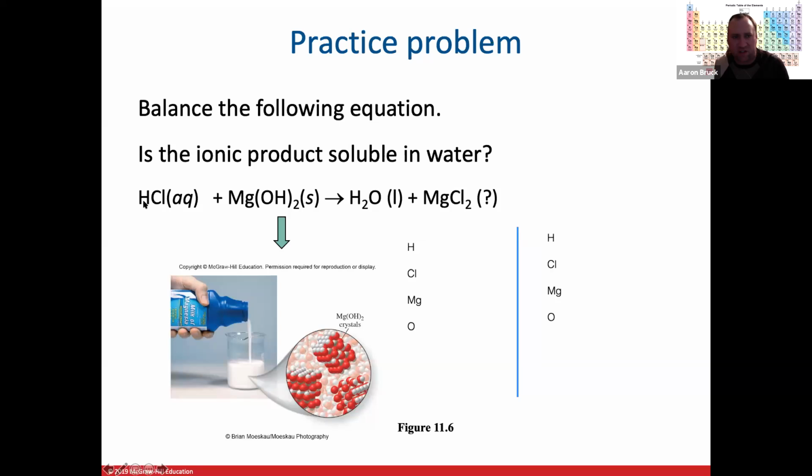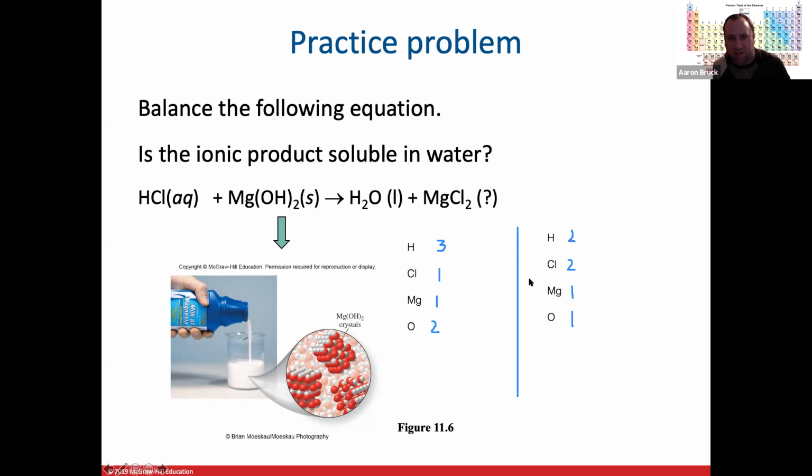For the hydrogens, I've got 1 here and 2 more here, a total of 3. In the chlorine, I have just the 1. In the magnesium, I have just the 1. In oxygen, I have the 2. On this side, I have 2 hydrogens, 2 chlorines, 1 magnesium, 1 oxygen. So I've got a lot of things out of balance here.